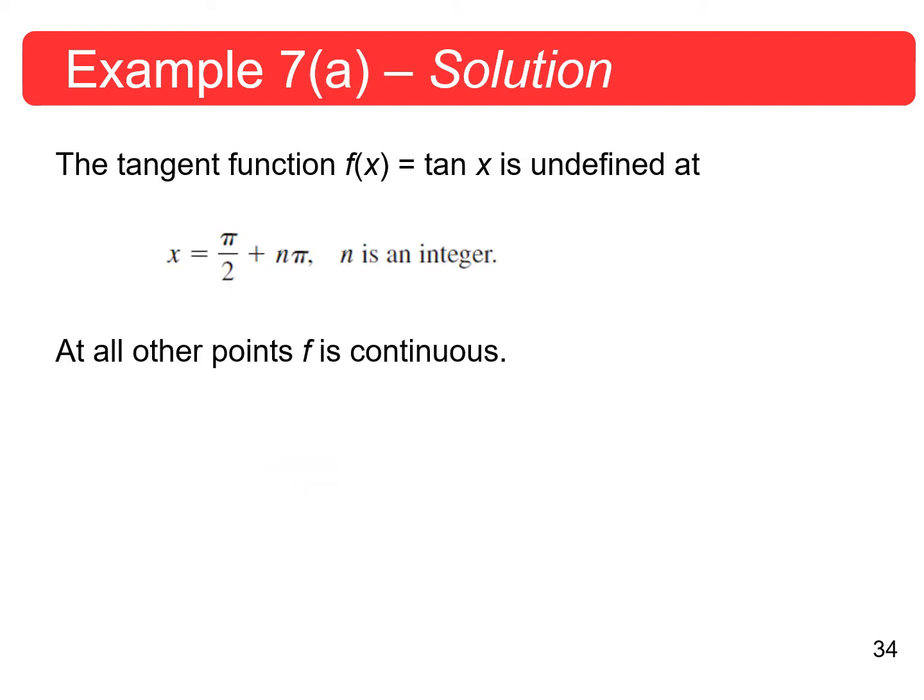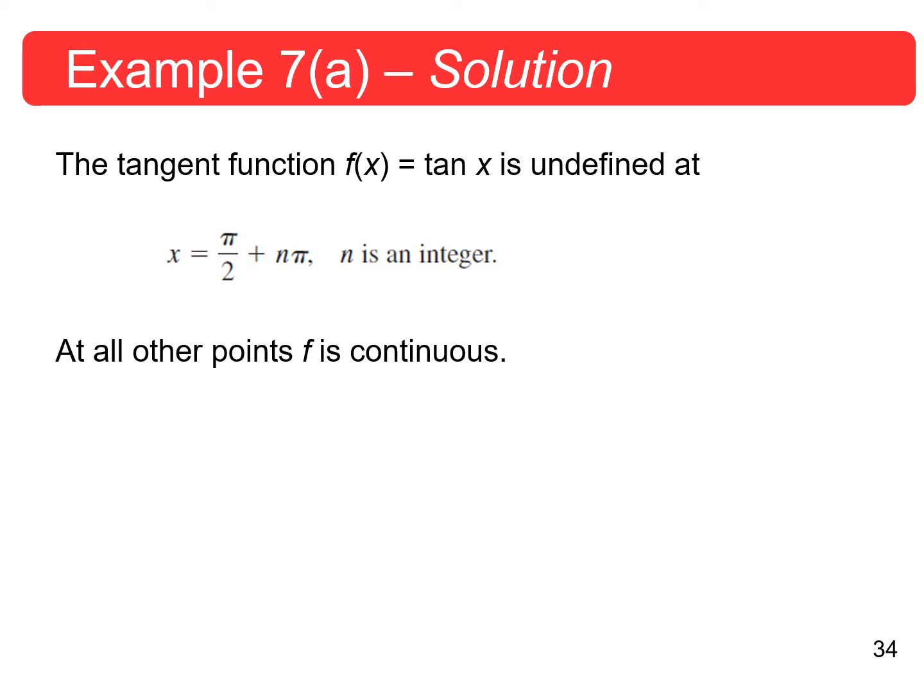So first, let's consider the first function, f of x equal to tangent x. We know that tangent x is continuous over its domain. Now, let's just go ahead and compute the domain of tangent x. We could think of tangent x as sine of x over cosine of x, and that will be undefined if the denominator is 0.